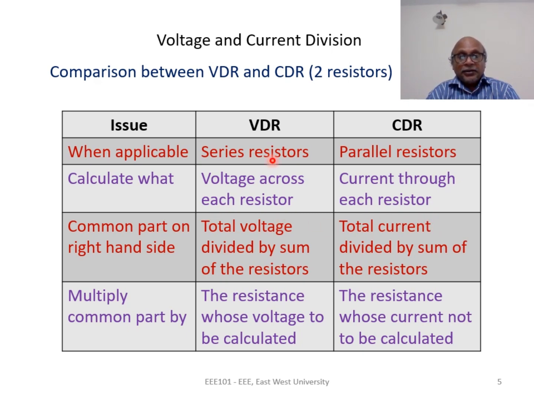So the common part in both rules is similar. And to find a voltage, what do we multiply the common part by? The same resistance. To find the current through a resistor, what do we multiply the common part by? By the other resistance. So this is the important difference which you should remember.